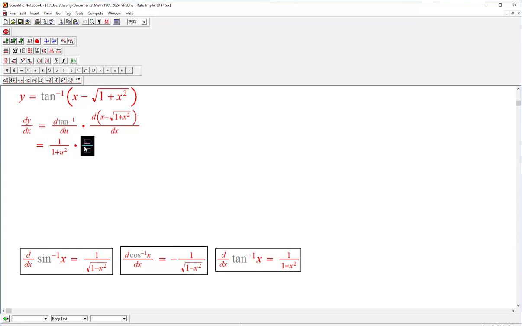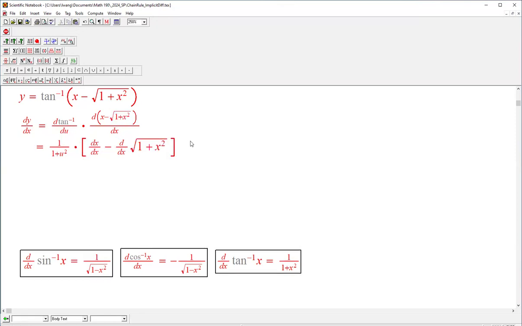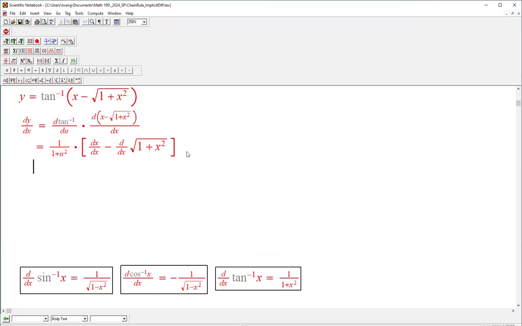Now we're differentiating the difference, piece by piece, with respect to x. First, we differentiate the x and subtract the derivative of the square root of 1 plus x squared. Obviously the latter needs the chain rule.